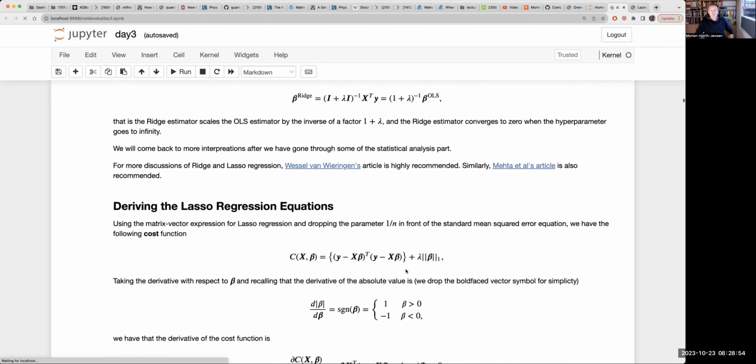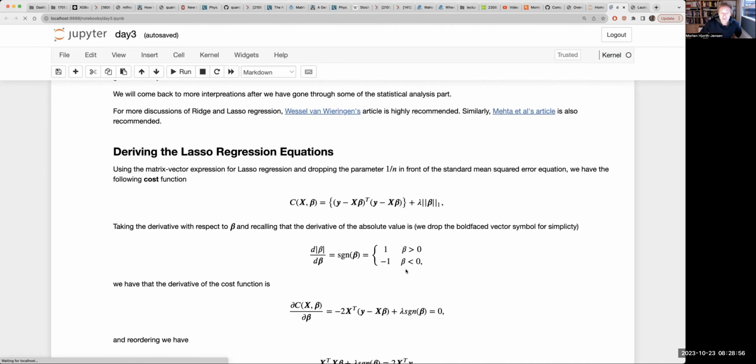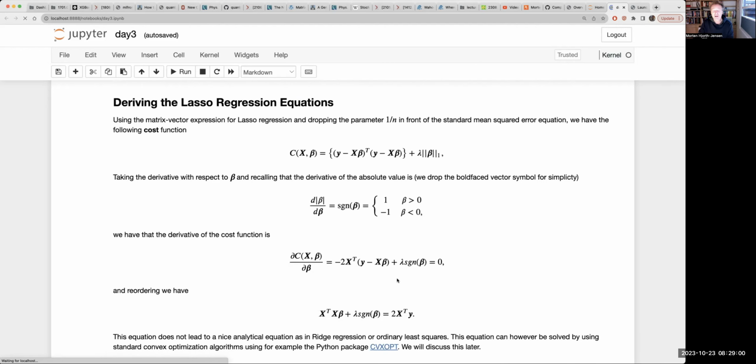So when we do the lasso method, then we have to take into account the fact that we have a sign here. And in many applications, since we have a discontinuity at 0, many people actually put that value to 0. That's in a way a little bit cheating, but this is a way by which it is done numerically often.